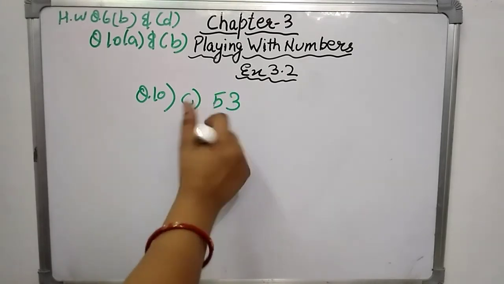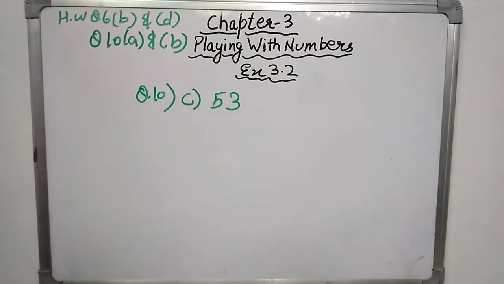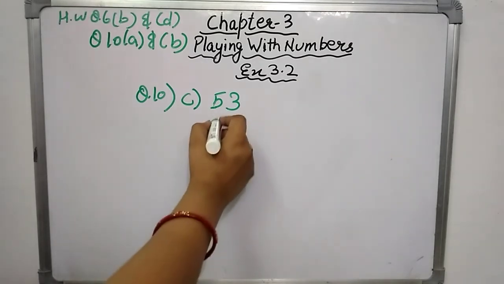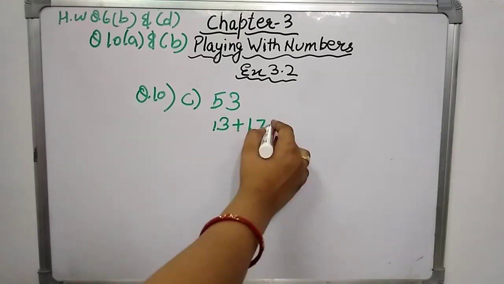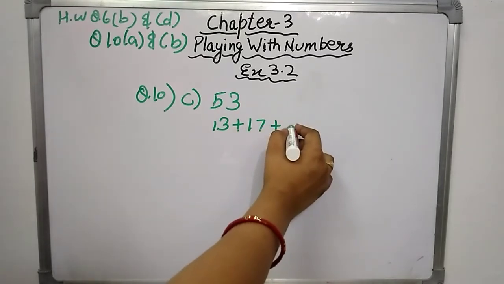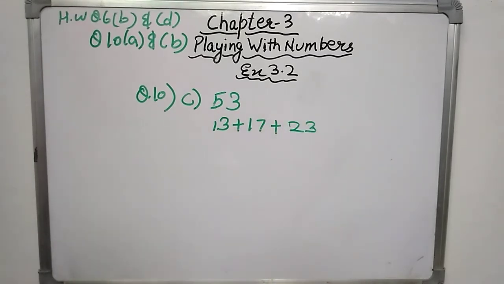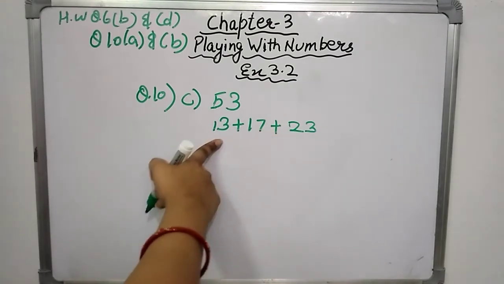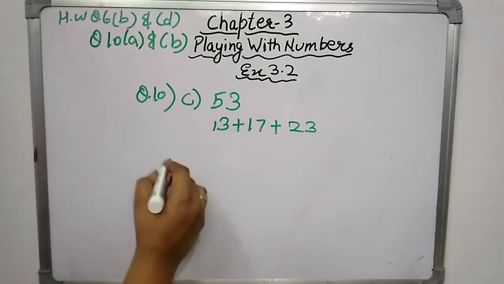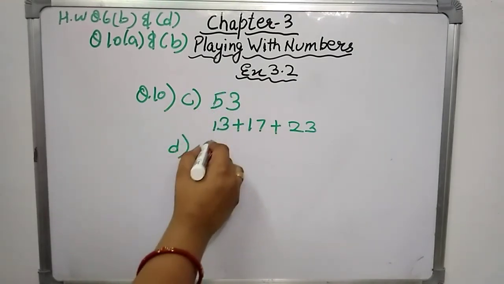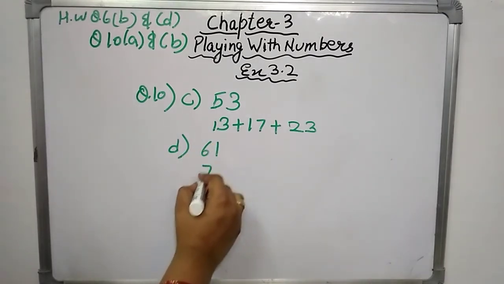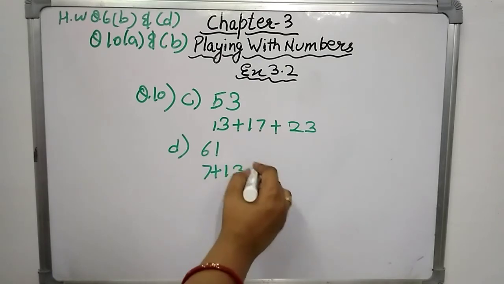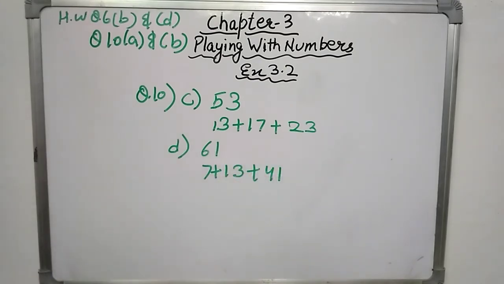We need to express 53 as the sum of 3 odd prime numbers. We can get 53 by adding 13, 17 and 23. These 3 odd prime numbers give us a sum of 53. Next is 61. 61 can be expressed as 7 plus 13 plus 41.